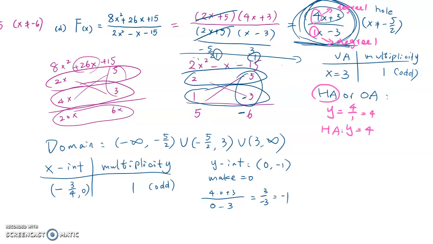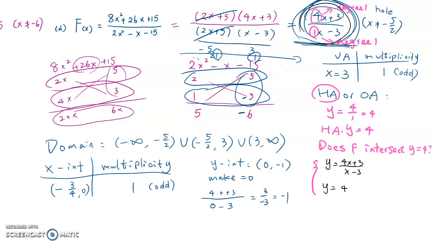And we also want to find out, does our graph, f, intersect this horizontal asymptote, y equals 4? Here we need to solve the system. We'll just start with the simplified version: y equals 4x plus 3 over x minus 3, and the other equation is y equals 4.